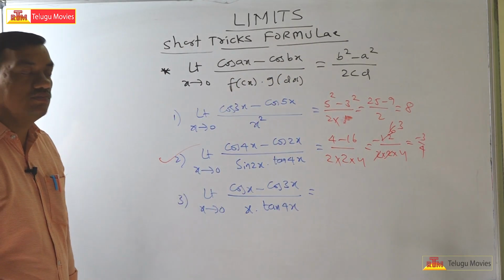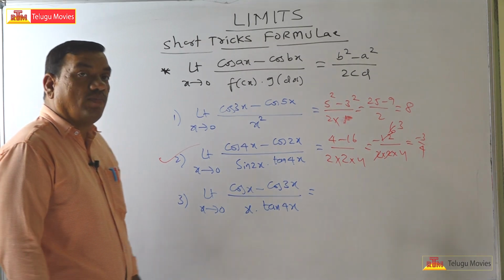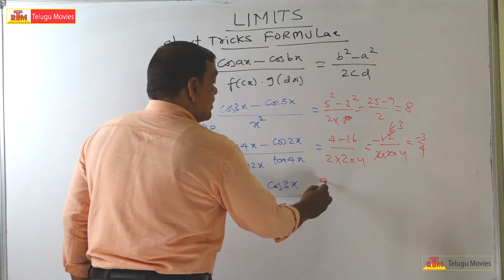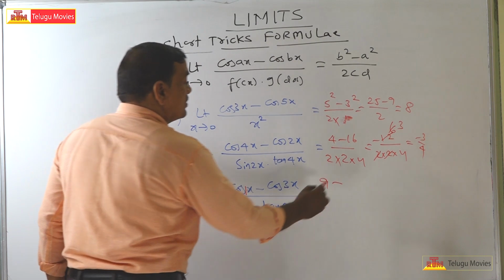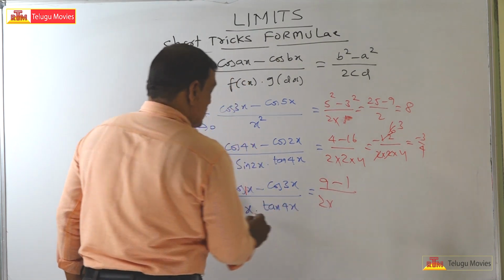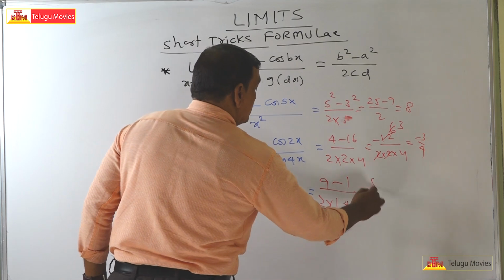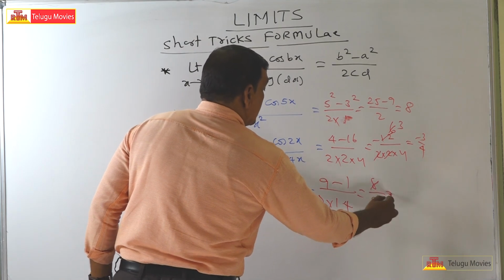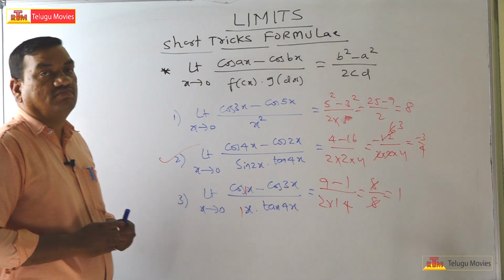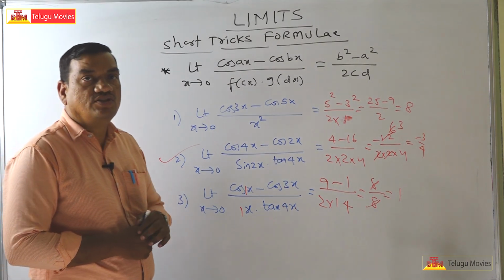Let us see the next problem. Here 3 square is 9 minus 1 square, by 2 times, here the x coefficient is 1, here the x coefficient is 4. That is 8 by 8, cancel, 1 is your answer. Very nice short trick formula this is.